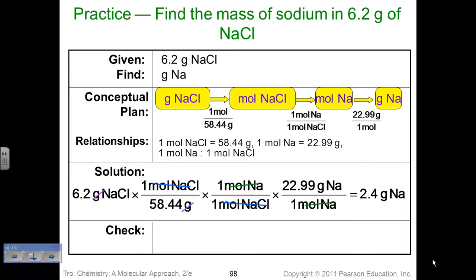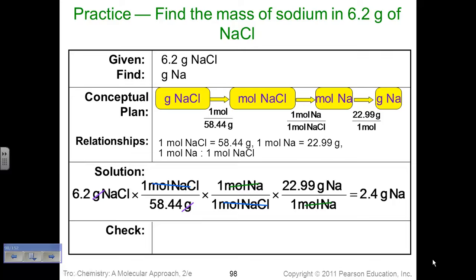We mentioned there's 1 mole of Na for every 1 mole of NaCl. That's just showing us the subscript of sodium is 1 in our formula. Now to convert from moles of Na back out to grams, we multiply by the molar mass of Na, 22.99 grams right off of our periodic table.